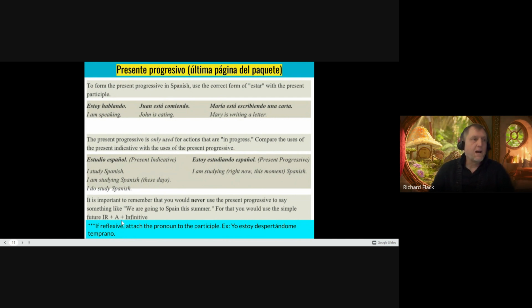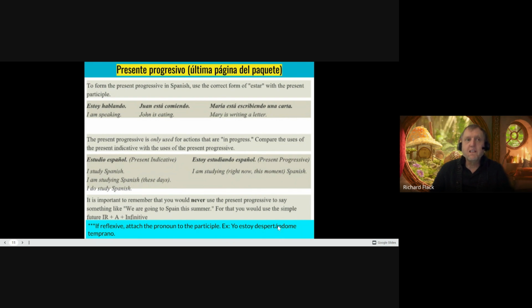Lastly, I would highlight this again at the bottom of your notes. If you have a reflexive verb, we're going to attach the pronoun, our reflexive pronoun, to the participle. So, for example, yo estoy despertándome temprano. I am waking up early. Right now, this moment, I'm waking up early.